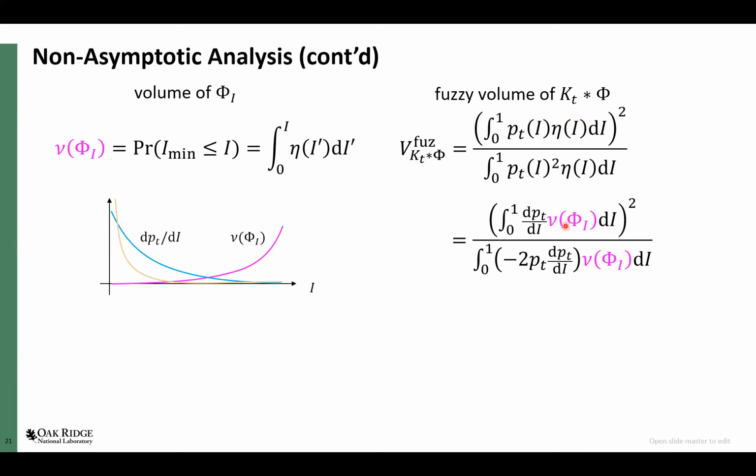Then we can go further, and by integrating by parts, show that this fuzzy volume is related to the exact thing that we care about, the cumulative distribution of states at a given distance. What we would like to say is that the fuzzy volume equals the set of states at some fixed distance from the set of states that we can make. But it's not that.